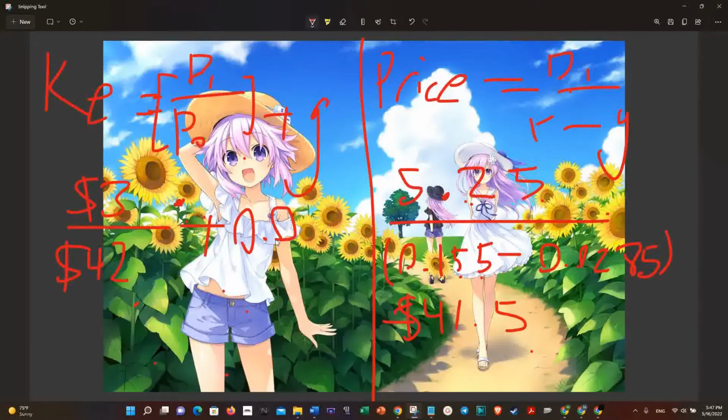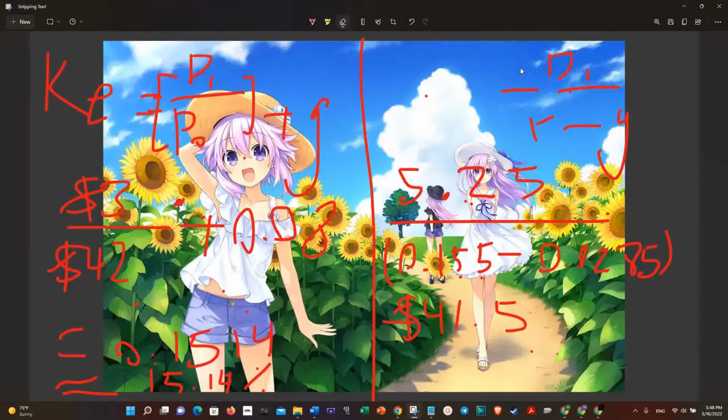Remember, if you have any questions, just blurt them out, and if you're watching this, just put them in the comments. The dollar signs will cancel out, and we'll be left with a percentage. We'll be getting 0.1514, which approximately is 15.14%.